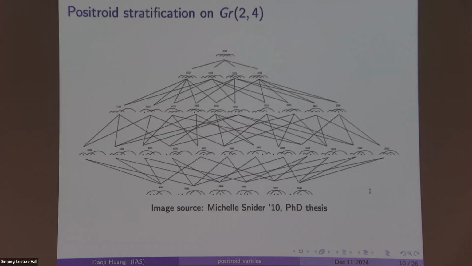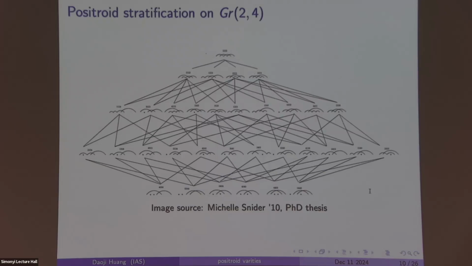In particular, in Michelle's thesis, I want to highlight that she puts open charts around the torus fixed points on the Grassmannian, and she shows that each chart is stratified-isomorphic to a Bruhat cell stratified by the opposite Bruhat varieties in the affine type A flag variety.